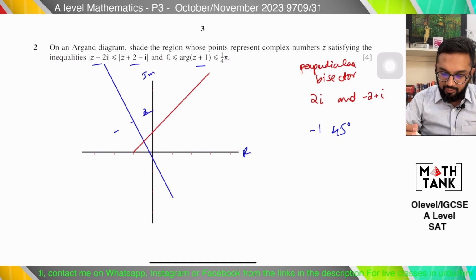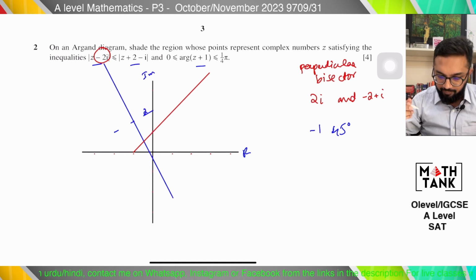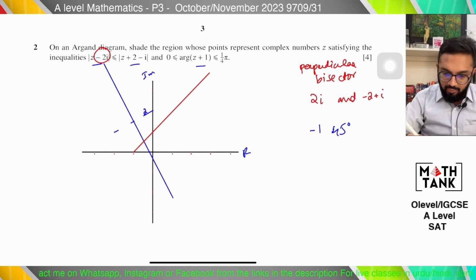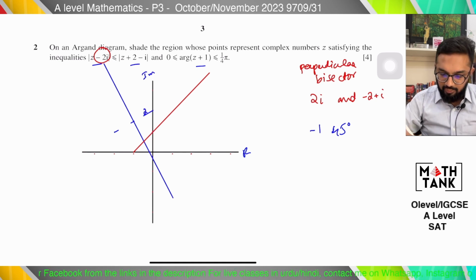I want the region that's closer to 2i and that has an angle between 0 and pi over 4. Okay, so between 0 and pi over 4 and closer to 2i.